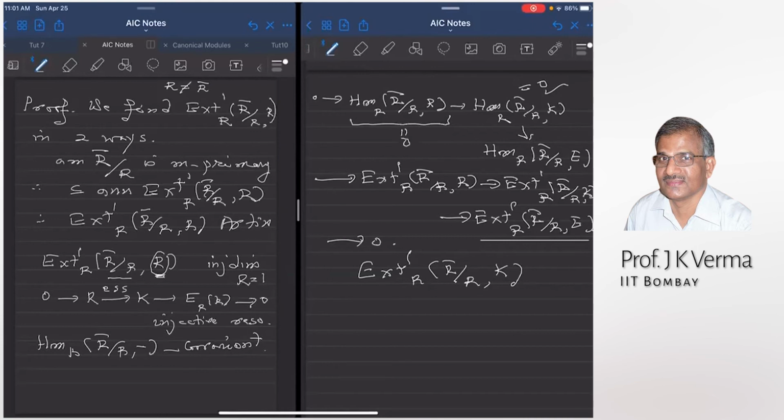K is an injective R-module. K is a divisible R-module, right? So it's an injective R-module. And when you have an injective R-module here, this is 0. All the higher Ext are 0. When you take Ext^i(M, N), where N is injective, all the higher Ext are 0. So this is 0.